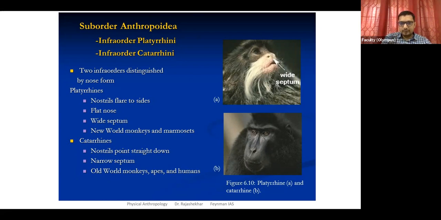So between the nostrils, there's a big separation. This part you notice here, the wide septum. That is why the nostrils are on the sides. So wide septum, whereas catarrhini has narrow septum. Look at the junction between two nostrils in this. They are very tiny, very narrow. So narrow septum is seen in Old World monkeys.